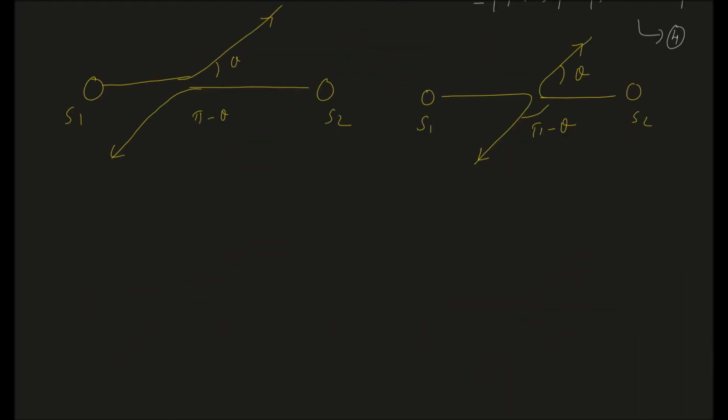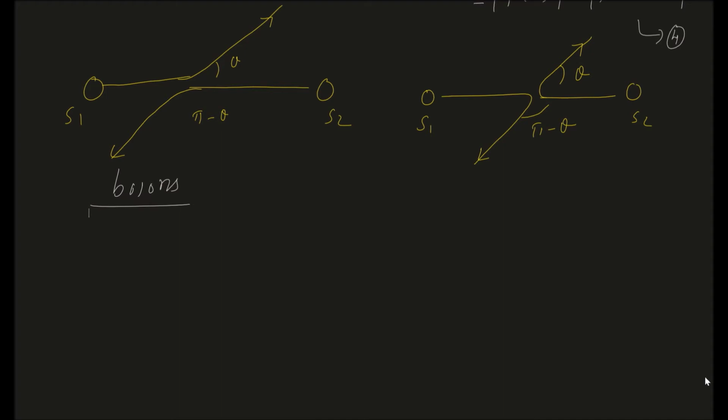In this particular scattering example, the overall wave function must be either symmetric or antisymmetric under the interchange of identical particles, depending on whether the particles are bosons or fermions respectively. So let's first consider the case of bosons.